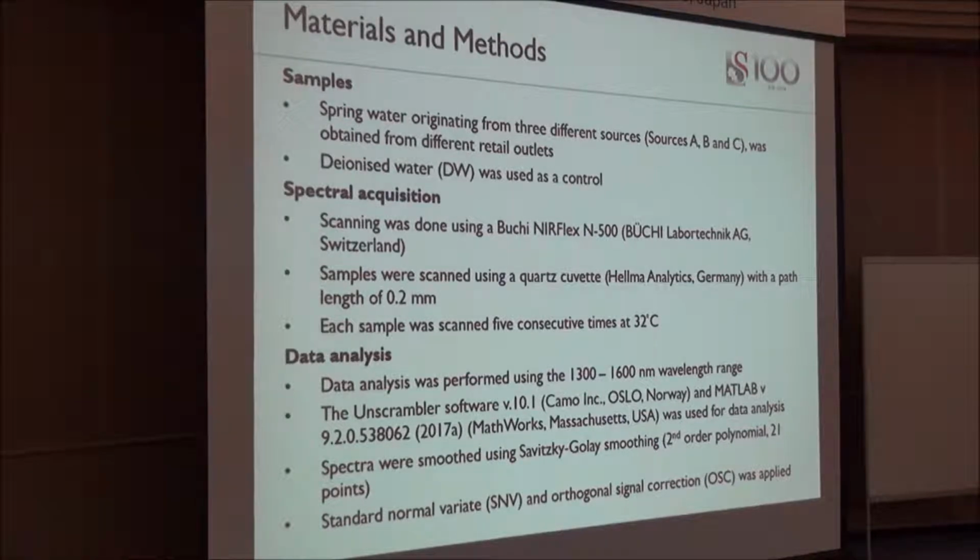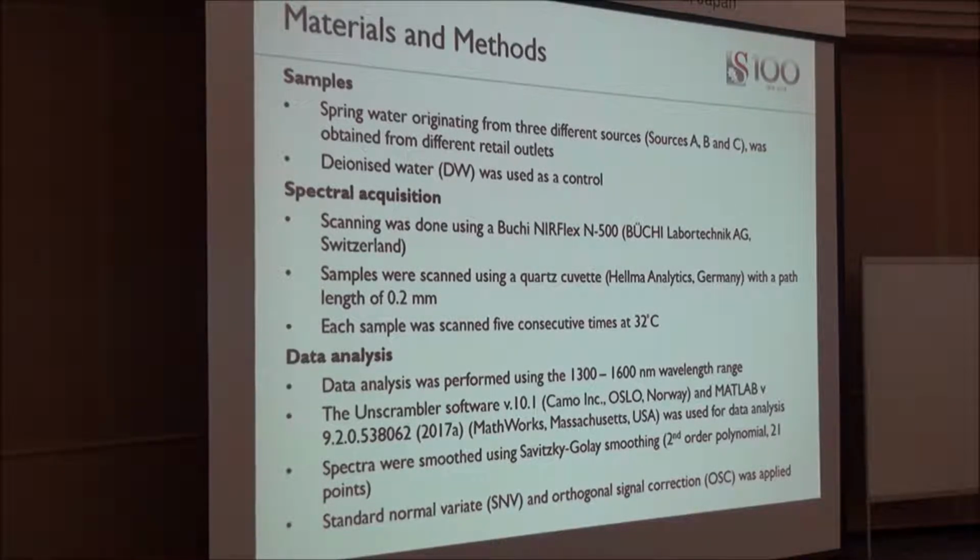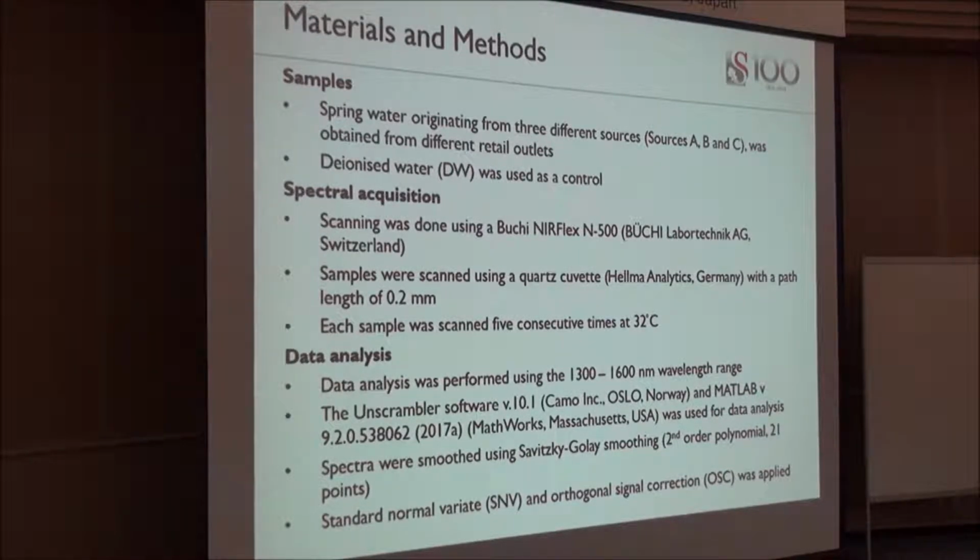So I obtained spring water from 3 different sources in South Africa. These sources were extremely far away from each other, so each source had a different climate, different soil, and everything. I focused on the 1,300 to 1,600 nanometer wavelength range, and I smoothed the spectra with Savitzky-Golay smoothing, and I applied SNV and OSC to the spectra.